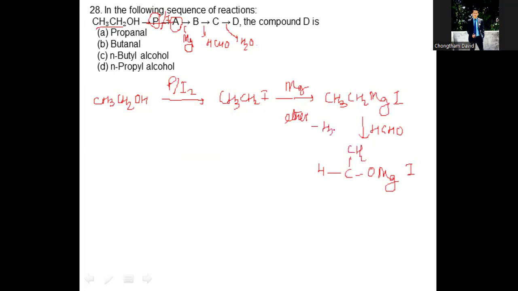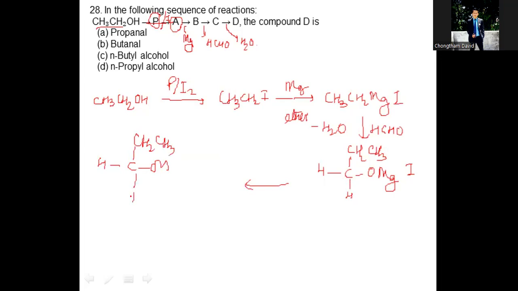It goes as CH2CH3. Then now it changes to propanol, OH.